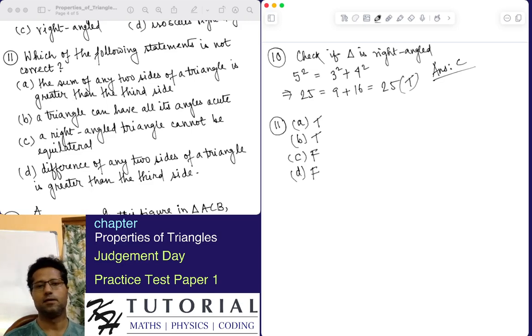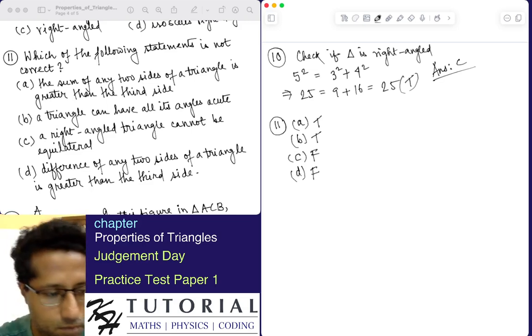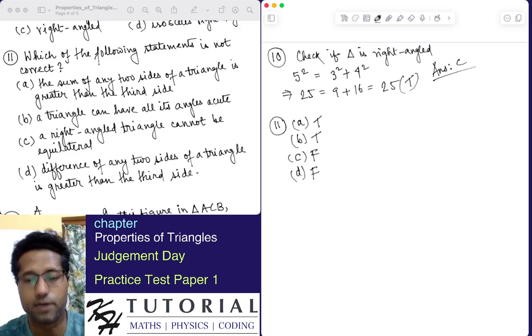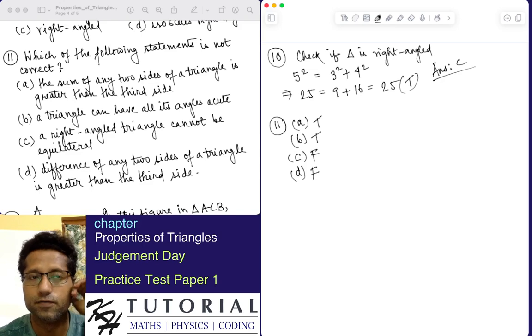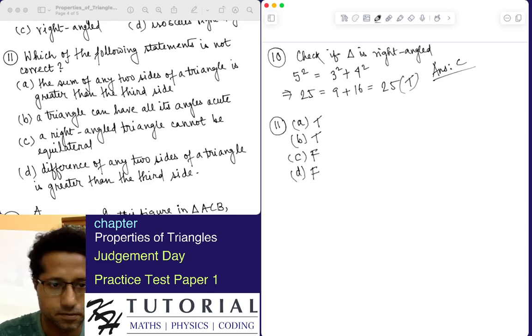From the triangle inequality, the sum of the lengths of any two sides is greater than the third side, and the difference of any two sides is less than the third side. So D is the false statement.